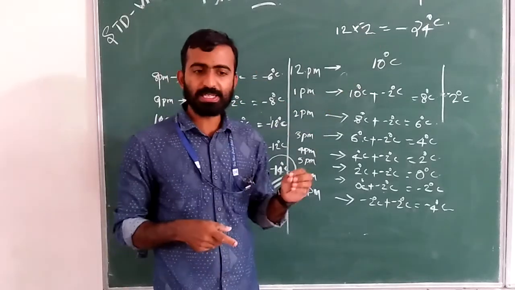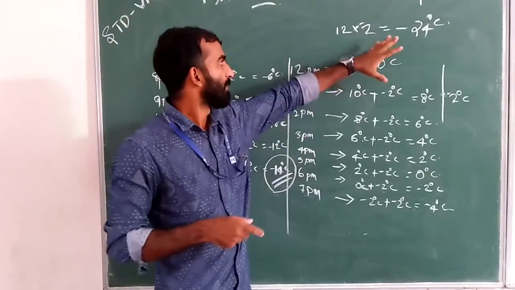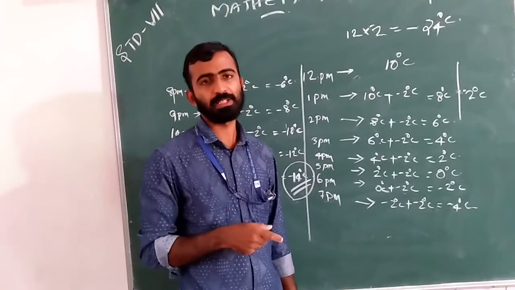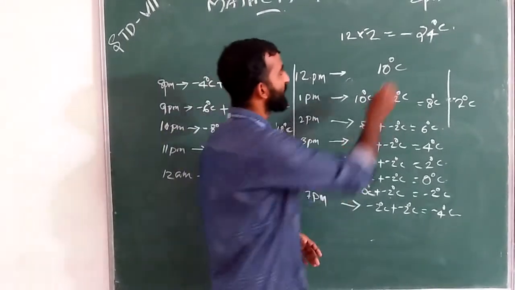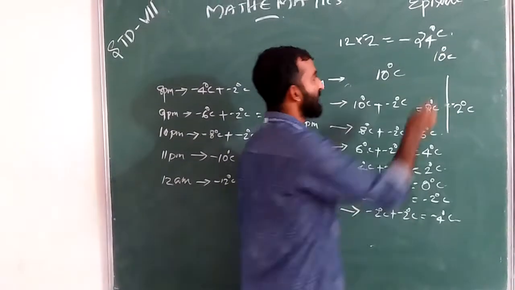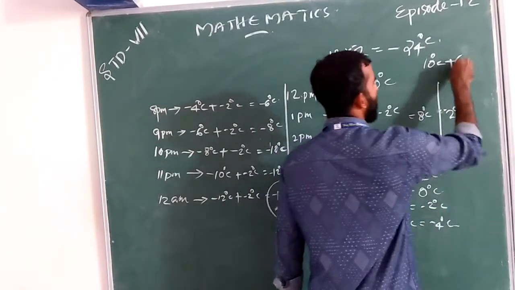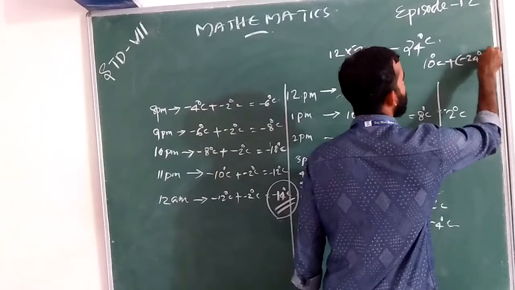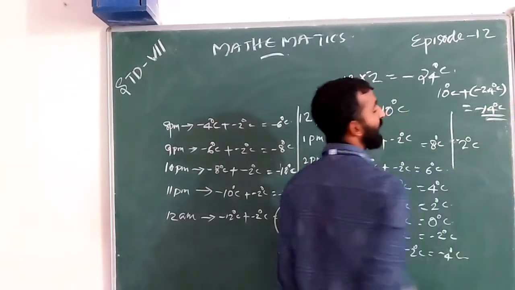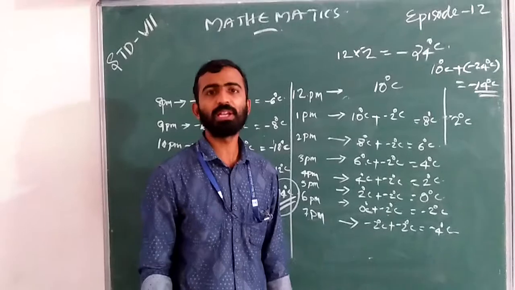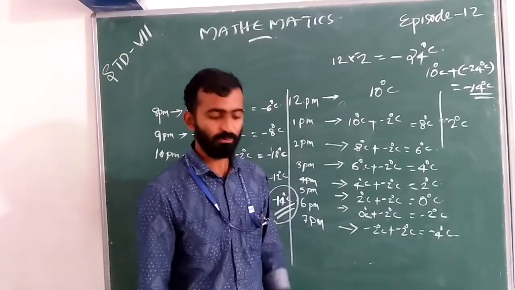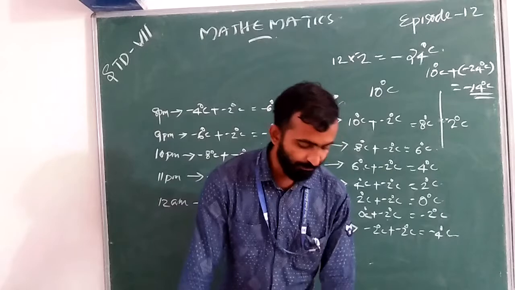After 12 hours, 24 degrees must have decreased. The current temperature is 10 degrees Celsius, so 10 degrees Celsius plus negative 24 degrees Celsius gives negative 14 degrees Celsius. This is the answer.